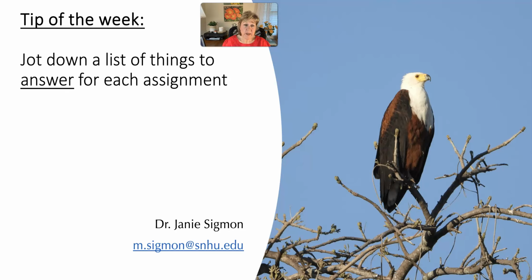You have assignments. So just jot down a list, right, of things that you need to answer so that you don't miss anything. And then you don't have to keep going back and forth and back and forth to the guidelines. Just jot down a short little list just to remind you so that you don't forget anything.